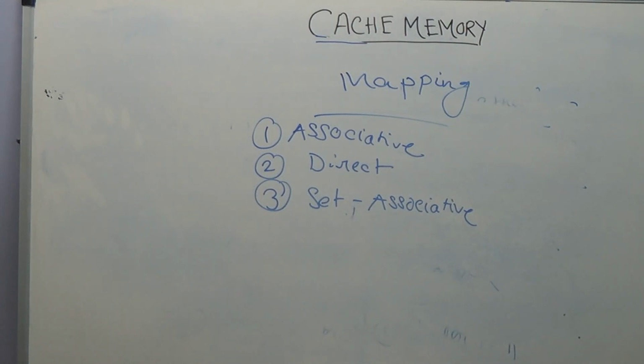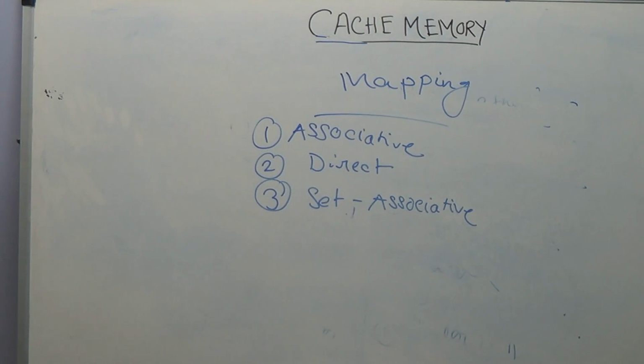Next, come to the direct mapping. Instead of storing the total address of information with data in the cache memory, only part of the address bits is stored along with the data in the direct cache mapping technique. CPU generates a 16-bit address that is divided into 2 fields.